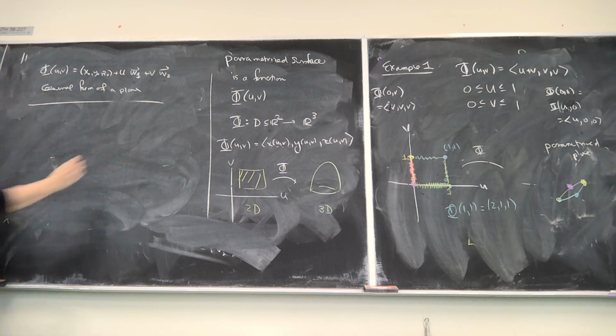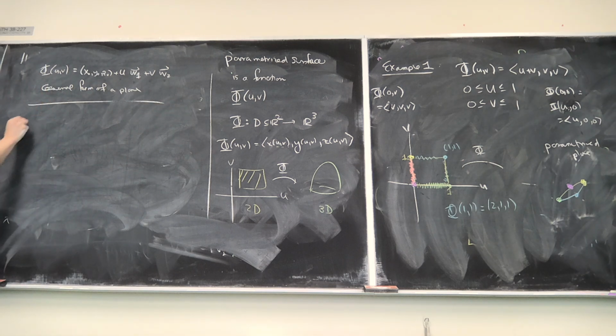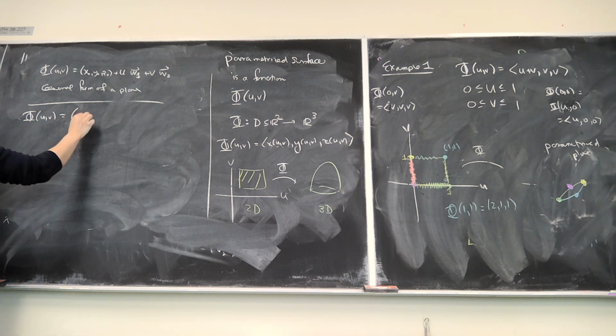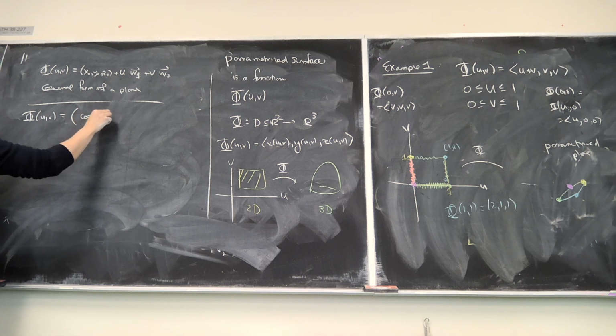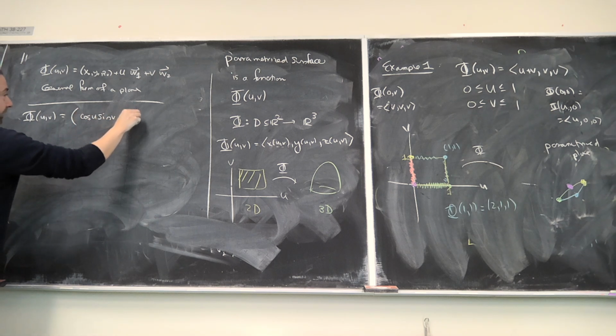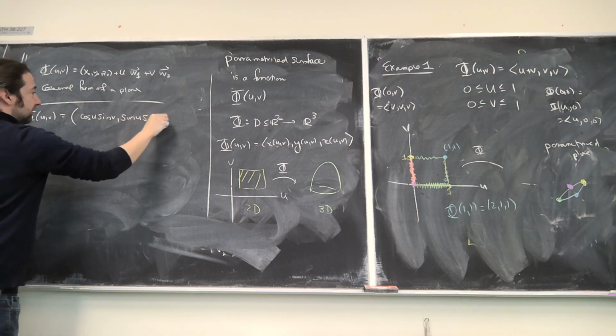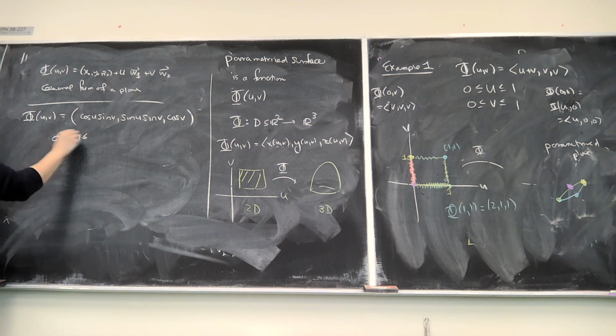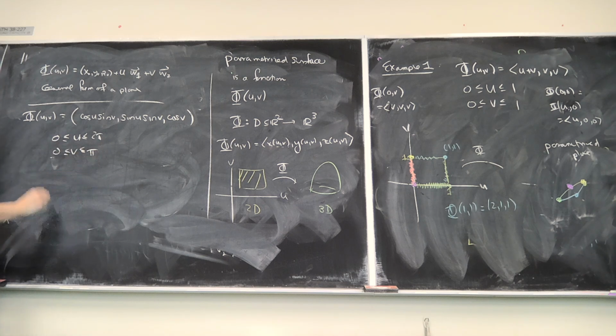All right, let's get an example that may be a little bit easier. This one I'll just give you. Phi of u and v is equal to, let's see, cosine u sine v, sine u sine v, cosine v, where u goes from 0 to 2 pi and v goes from 0 to pi.